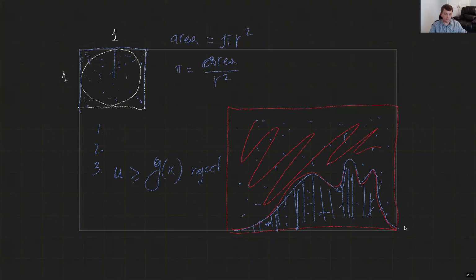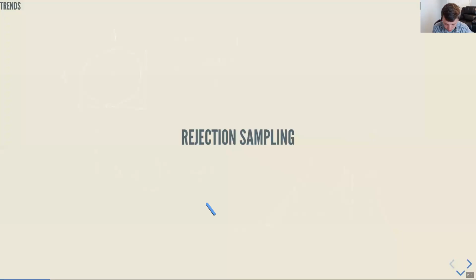You're contrasting your distribution samples and noise samples. And by this contrast, reject or not to reject, you get to the samples that are desirable, the ones that you were trying to generate. So that's it for rejection sampling.